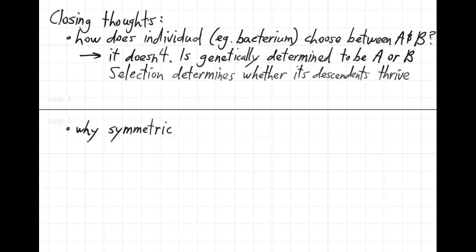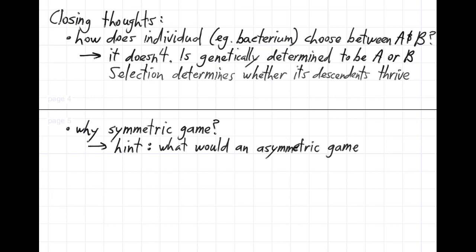And the other closing thought that I want you to take away is, why did I make a point that this was a symmetric game? We're going to touch on this later, but you should start thinking about it. And I'll give you a hint. Try to think about what an asymmetric game would mean biologically. In the symmetric game, the idea we had is that we randomly sample individuals, and so maybe we pick one individual, then we pick another individual, and they interact, play a game, and get some payoff from that.